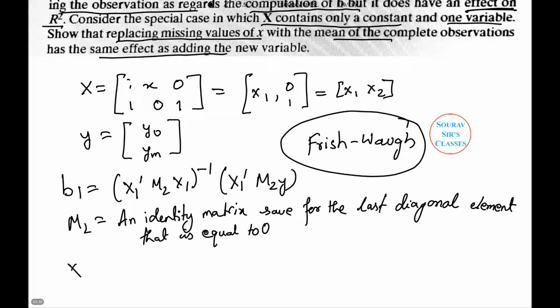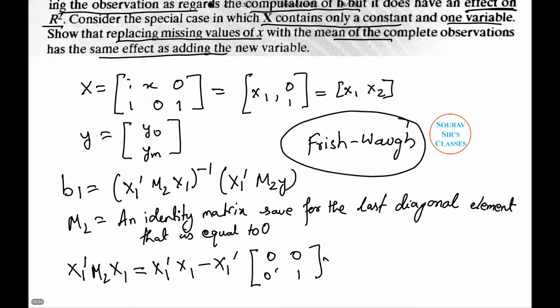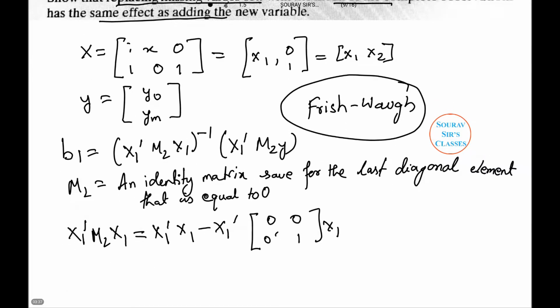Now X1' M2 X1 equals X1'X1 minus X1'(0 0 0 ... 1)' times X1. This just drops the last observation, that is, X1' M2 y is computed likewise.